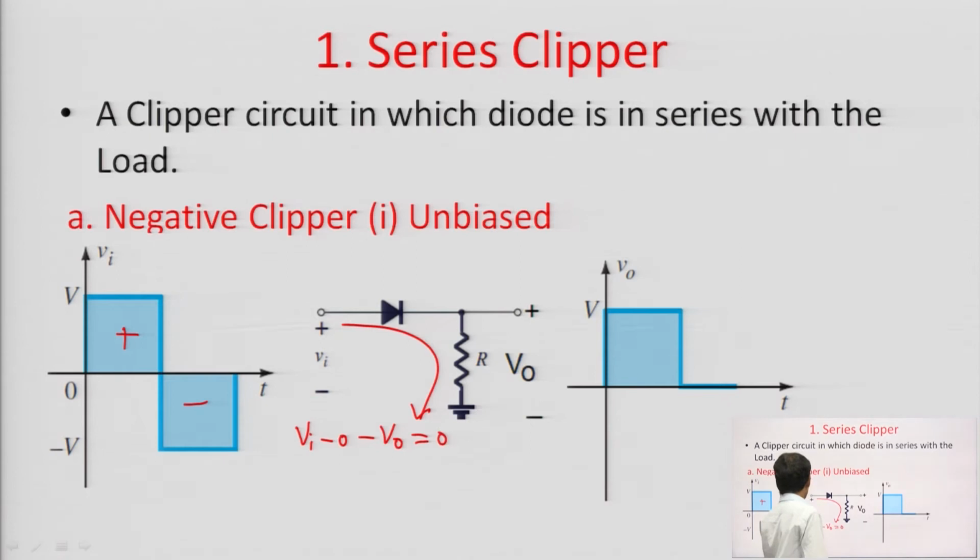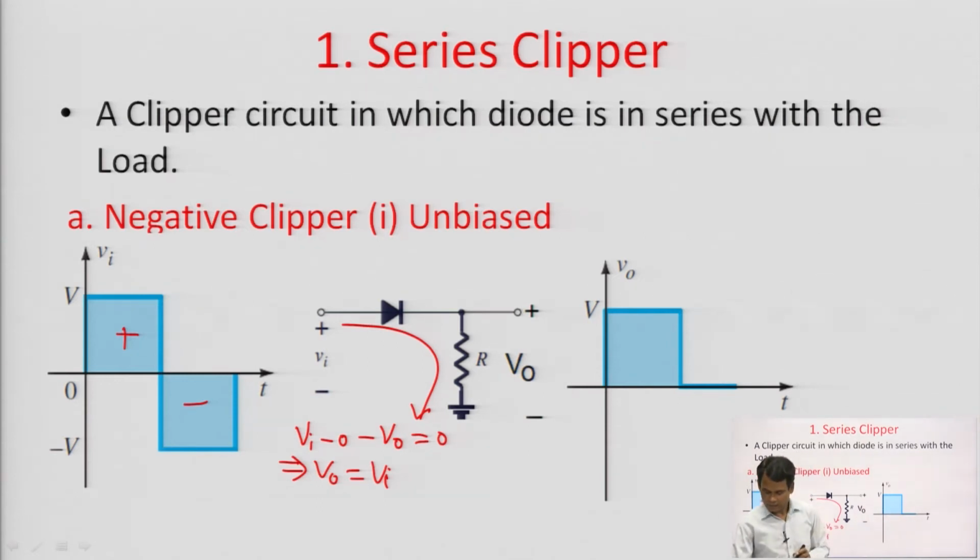This implies V output is equal to V input. Since in this condition the input is only the positive half cycle, the output will be only the positive half cycle. This means as the input, so the output. This is the working for the positive half cycle.